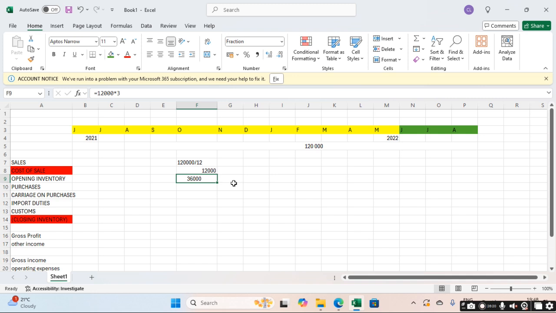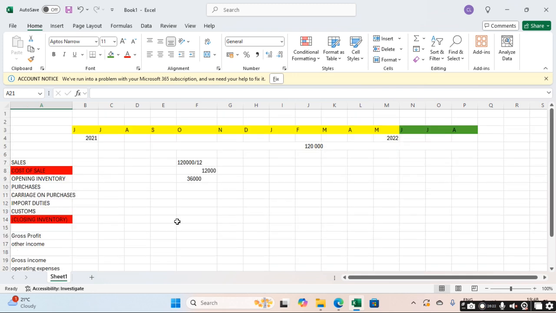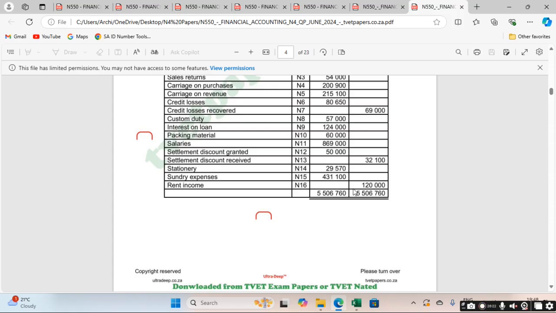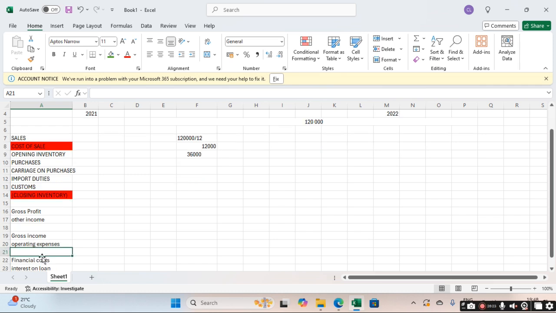So on our other expenses, we're going to have sundry expenses here. We open bracket, and then we say 431,100 minus 36,000. So this is how it's going to be.